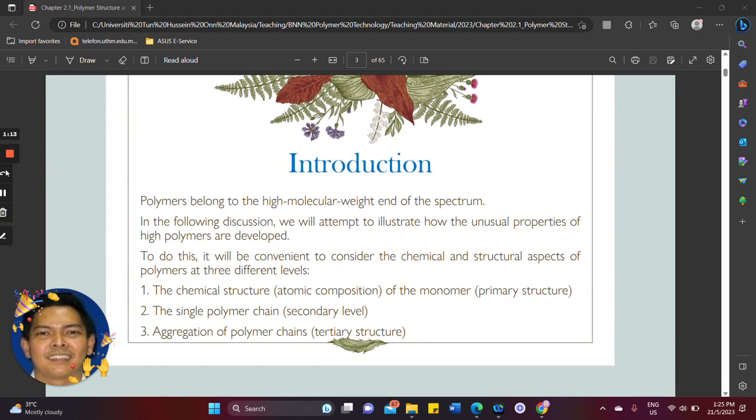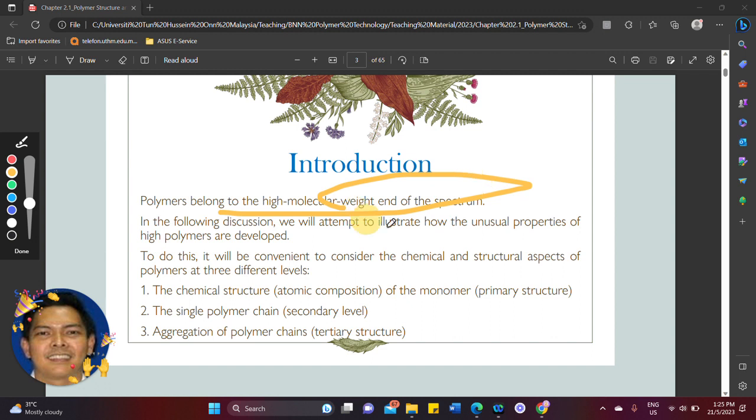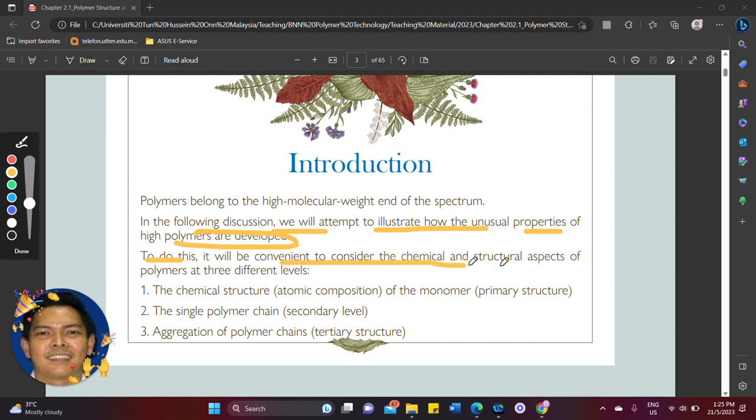Basically, polymer belongs to the higher molecular weight end of the spectrum. In the following discussion, we will attempt to illustrate how the unusual properties of high polymers are developed. To do this, it will be convenient to consider the chemical and structural aspects of polymer at three different levels.